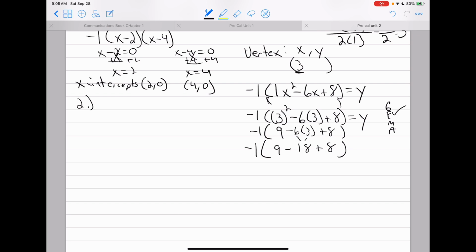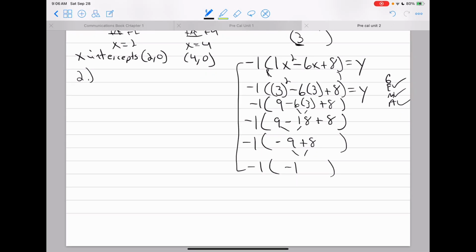Now I'm looking for adding and subtracting. 9 minus 18 is -9 plus 8, which is -1. And notice I never lost my -1. Finally I end up with -1 times -1, which is 1. Y equals 1. So in my vertex, the y value is 1.